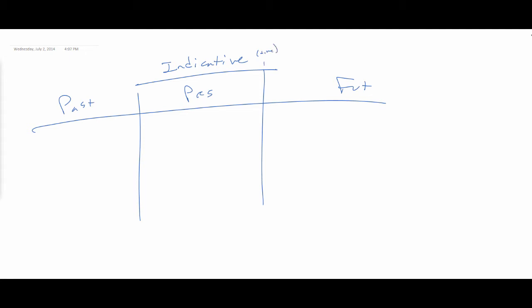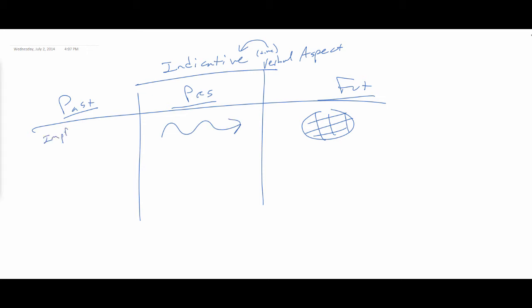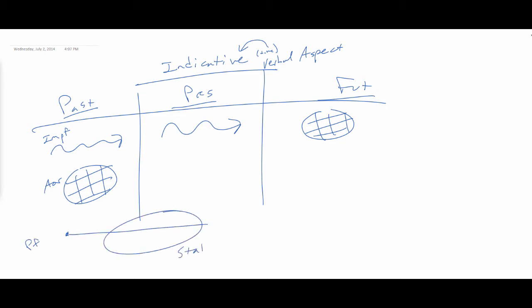The most important thing is verbal aspect, the speaker's perspective, but there is an element of time in the indicative mood. Past, present, future. And we talked about the future tense presents an action holistically, the present tense progressively, the imperfect tense progressively, the aorist tense a holistic picture of the action, and the perfect tense considers the action completed, and then the state that results from that, the stative idea.